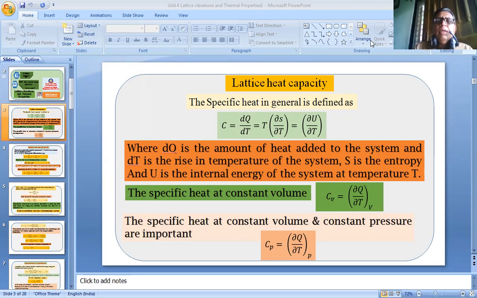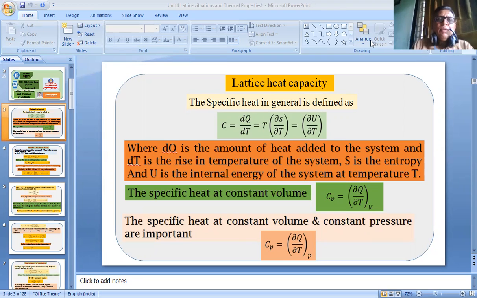Let us see what lattice heat capacity is. The specific heat in general is defined as C is equal to dQ upon dT, that is C is equal to T dS upon dT, then again C is equal to dU upon dT.